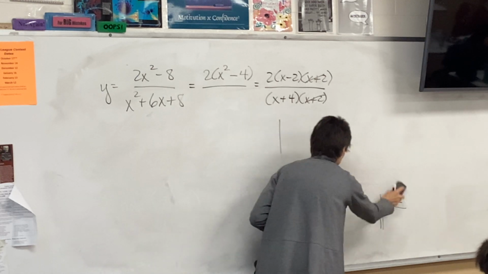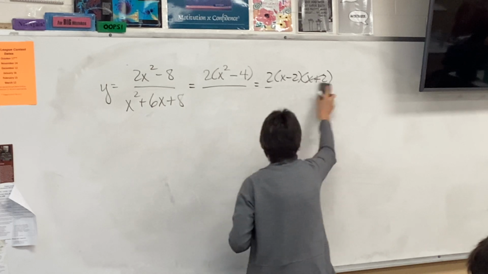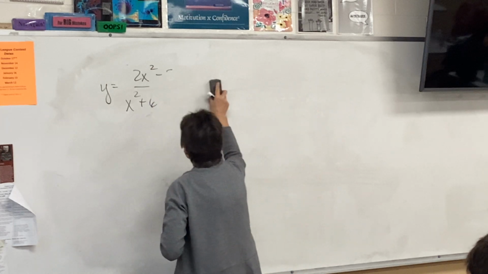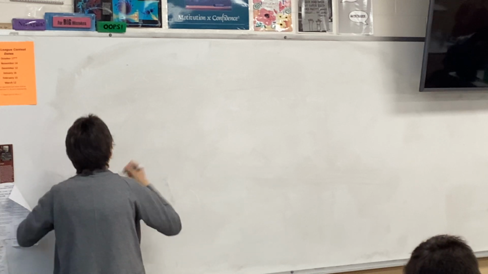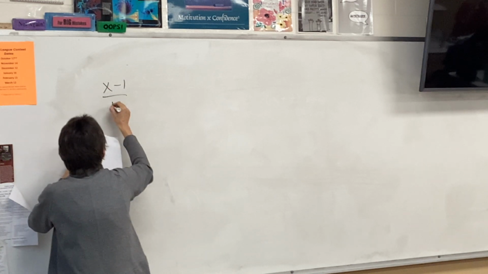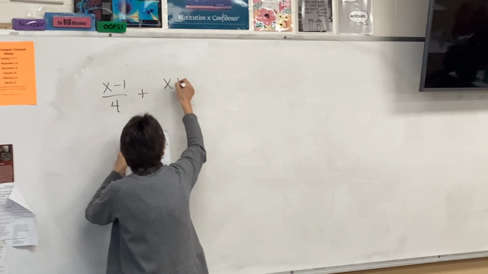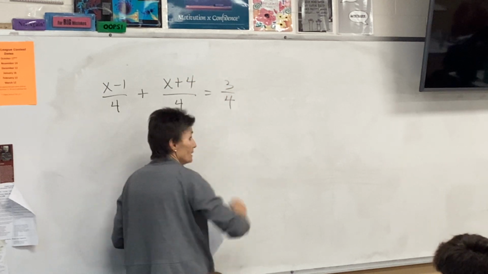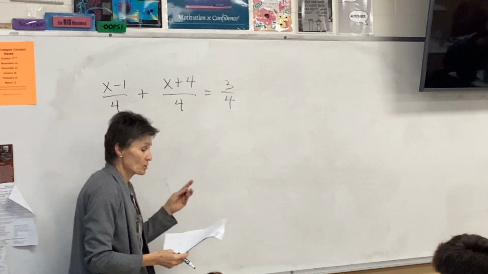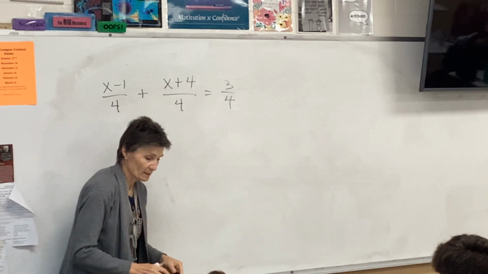Now we're moving to 2.7, which is not graphing. 2.7 is solving. We already solved some of these back at the beginning of the year. These are gonna be just the same kind of thing, only maybe a little bit bigger.